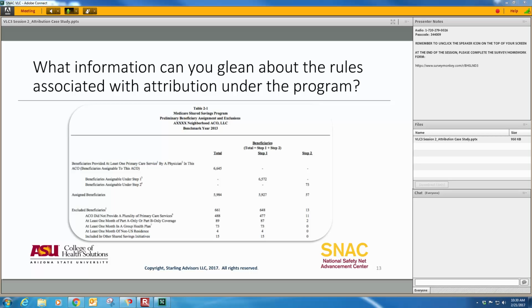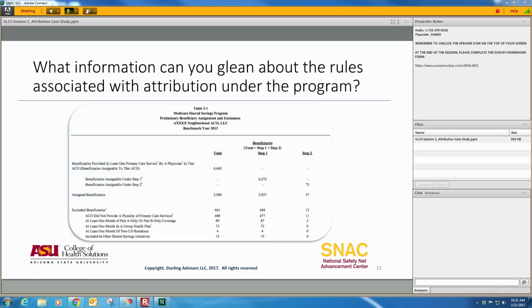And that number starts to come down for a variety of reasons, the first being that the ACO did not provide a plurality of primary care services. So 488, it looks like, of those patients actually had more primary care somewhere else. That would be a very interesting thing to explore because that's a fairly significant number of people. And in this case, this was an ACO made up of federally qualified health centers. They'd probably want to know why those patients were getting so much primary care elsewhere.